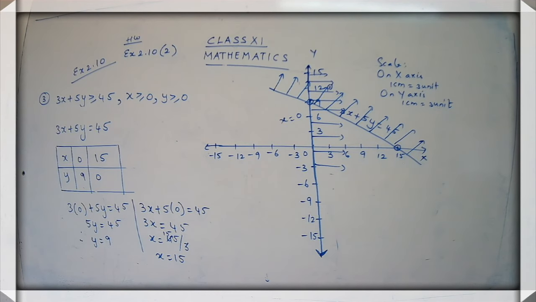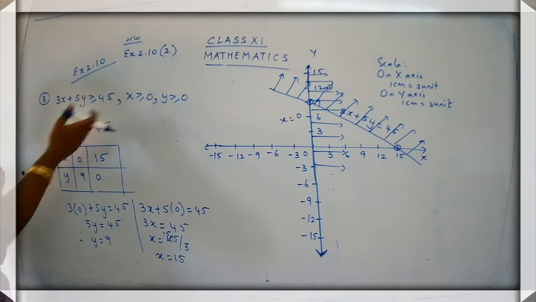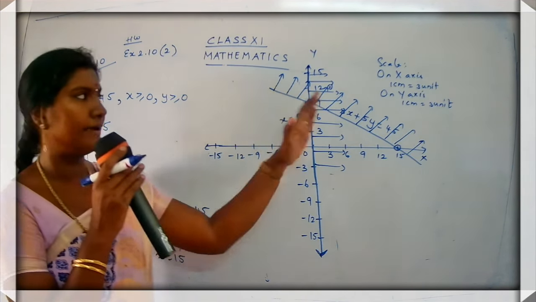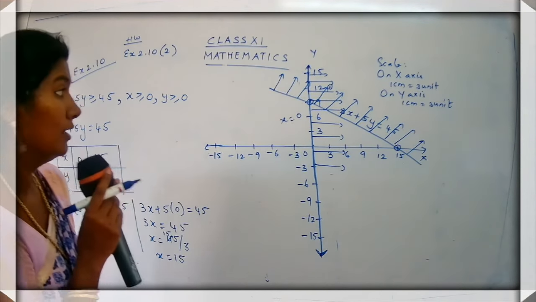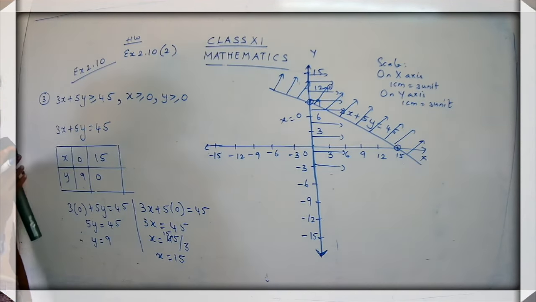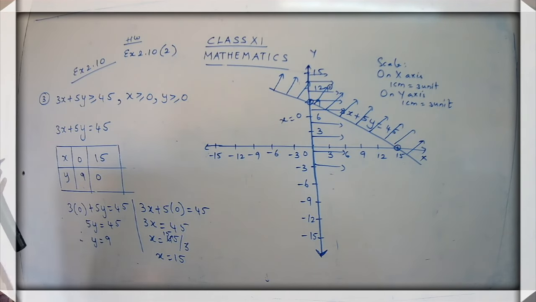So you have to show the arrow facing to the right side, because you have to get a value x greater than or equal to 0. So I want a positive value, which is going to face to the right side. Okay. I hope you have completed, children. Just do it neatly.